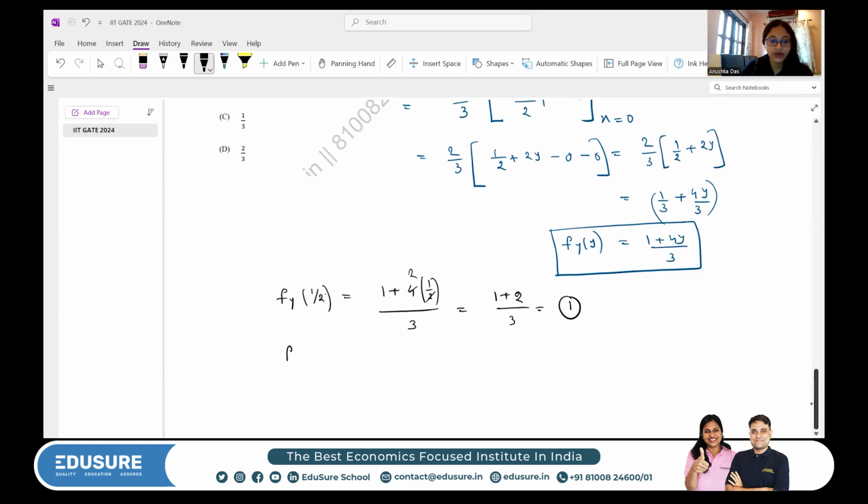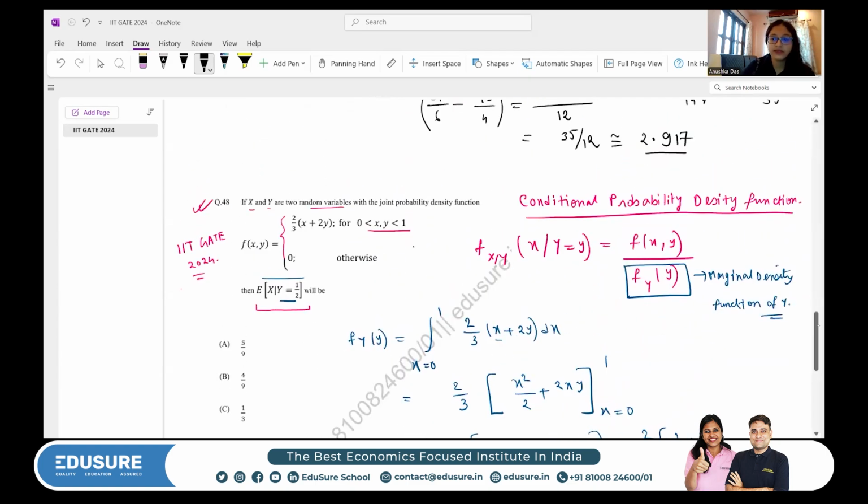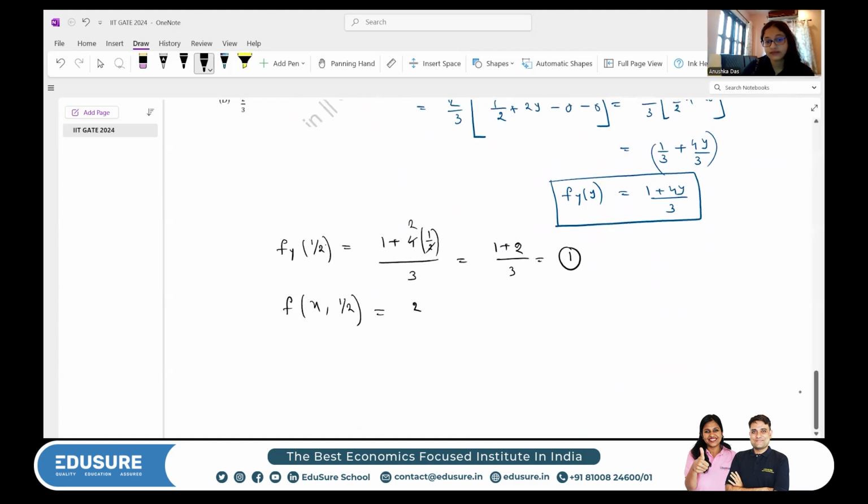And since you have the joint distribution with you, you can find out this expression also, right? What will be that? This is 2/3 x plus 2y. 2/3 x plus 2 into y. So 2/3 x plus 1, right? If you have these two things, you can easily find out what will be this.